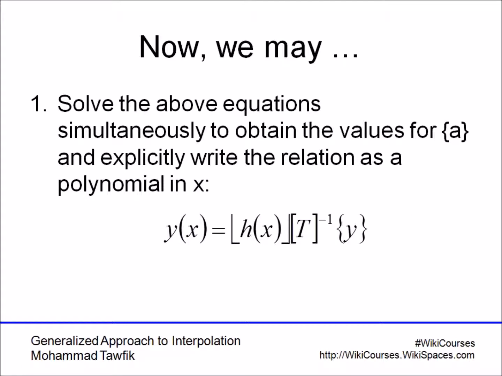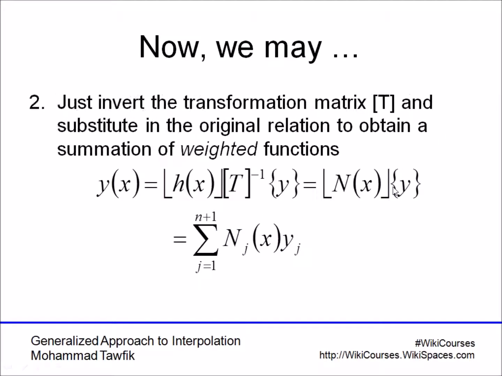This is the straightforward way of generalizing what we used to do. Now, what if we wanted to present it in a different way, similar to the Lagrange method, for example? Just focus on the other part. Instead of multiplying T inverse times y, let's multiply the h, where h, remember, is the x's: 1, x, x squared, x cubed, and so on. If we multiply this h times the T inverse first, what you obtain is another row vector of polynomials. We will call these polynomials N of x.